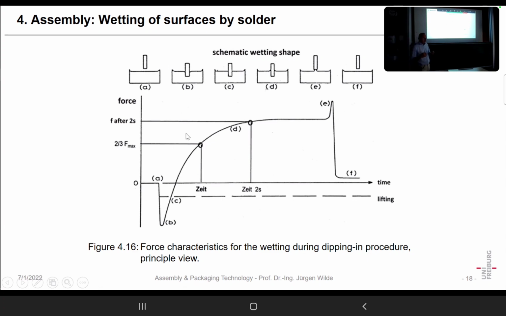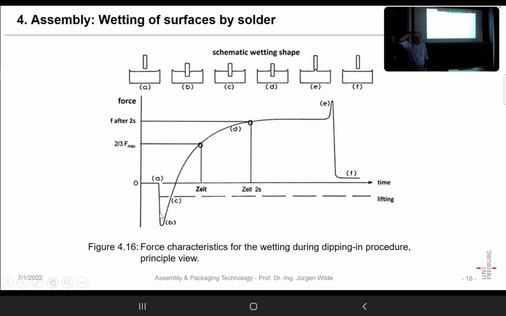And when you dip in, even in the first, let's say, fraction of a second, you never have wetting. That always takes a little time. And so you have two forces. One is the surface tension, and the second is the buoyancy, which push back. Pushing back here means a negative force.